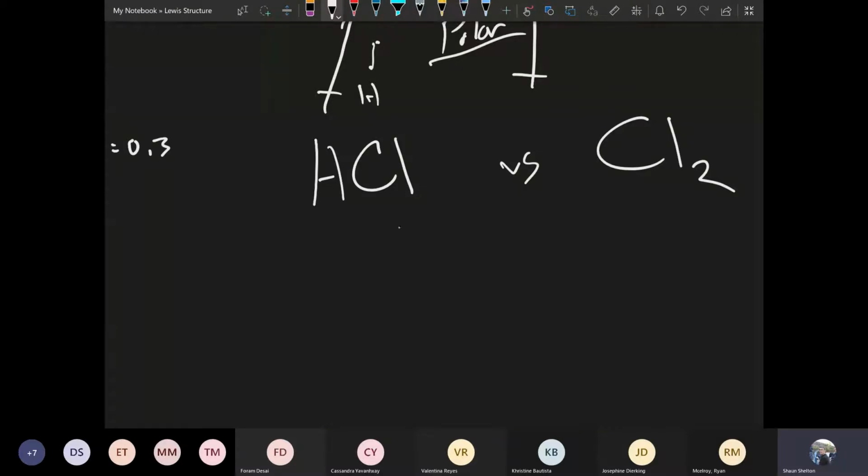All right, so Lewis structure and polarity. I'm going to give you guys 2 minutes here. Actually, I'll give you till 10:30. It's 10:27. So at 10:30, I will come back and we will go over this.